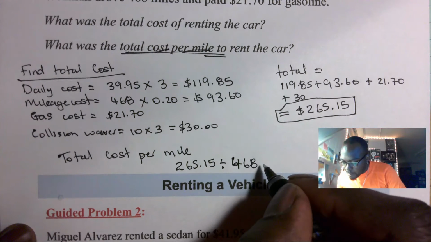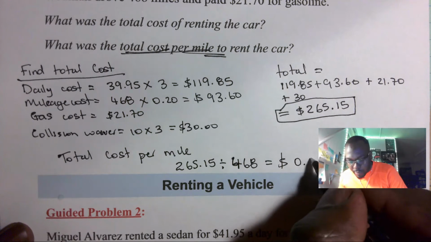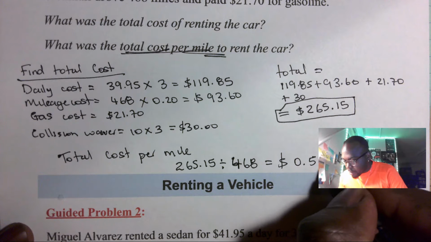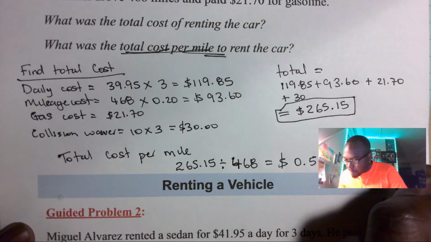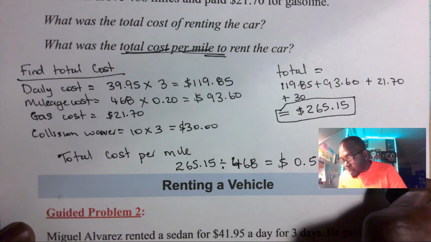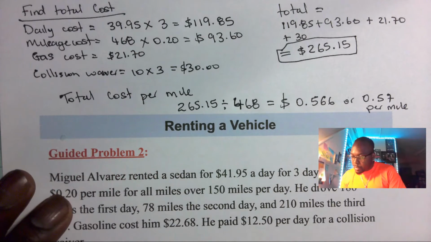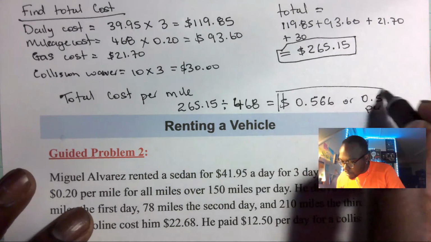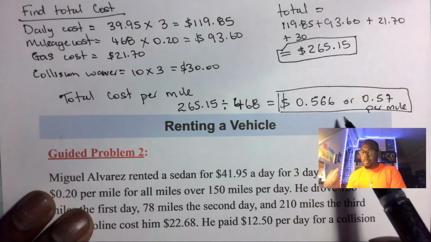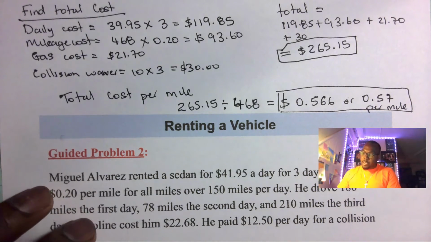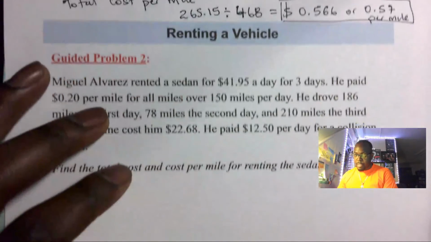When I divide that, it gives me 0.566, or 0.57 per mile. So I found the total cost, and then I found the total cost per mile. That's all it is to it. It's nothing crazy.